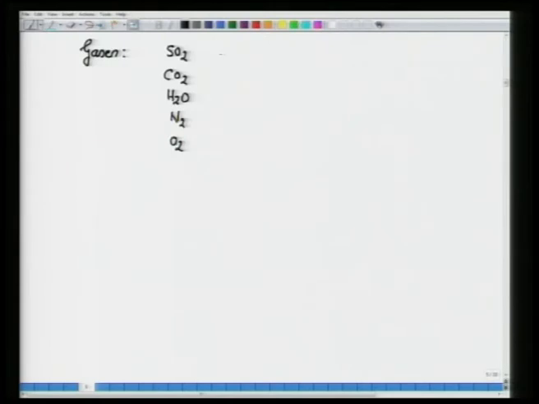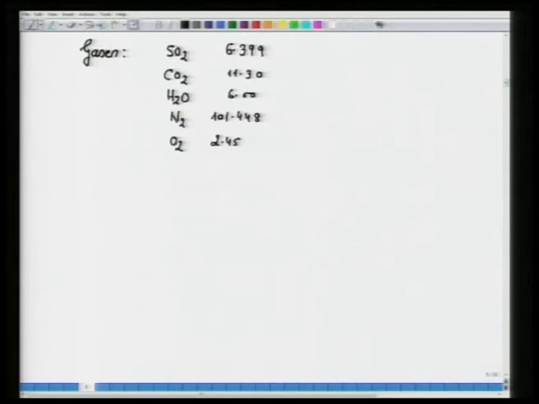So, I will put here SO2 is 6.399, CO2 11.30, H2O 6.00, nitrogen 101.448. Note the very large amount of nitrogen obtained in the flue gas, because nitrogen is inert, and whatever you supply will go out with the flue gas. Not only this, it will also carry a large amount of heat, and oxygen is 2.4528. Now, these values are all in kg moles.